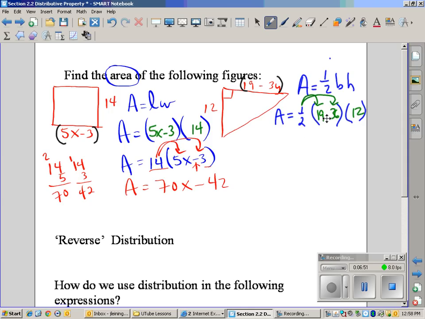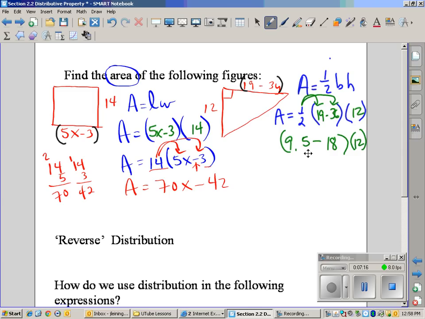And we get 1/2 of 19. That's not going to be an even number, but it's going to be 9.5, 9.5 minus 1/2 of 36, which is 18. That's all still in parentheses, times 12.